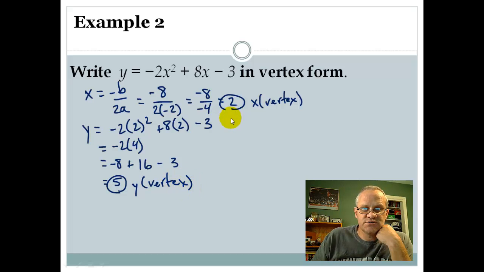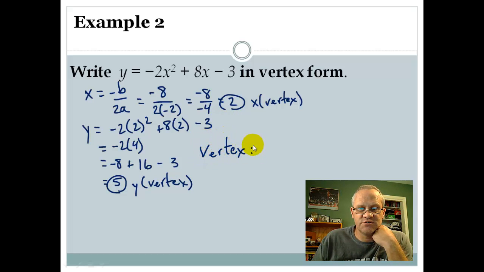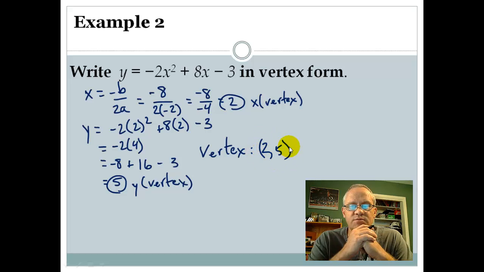So that means, and again, we're just trying to write the final equation here, but just to refresh your memory, that means the vertex is 2, 5. That's the point of the vertex.